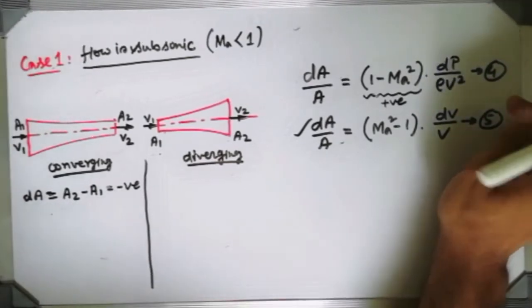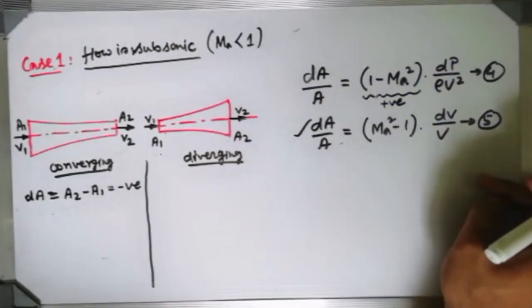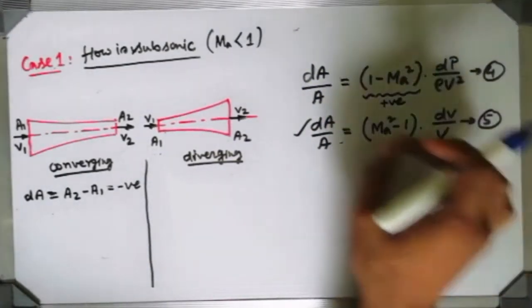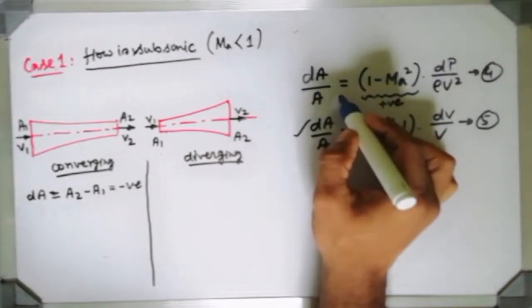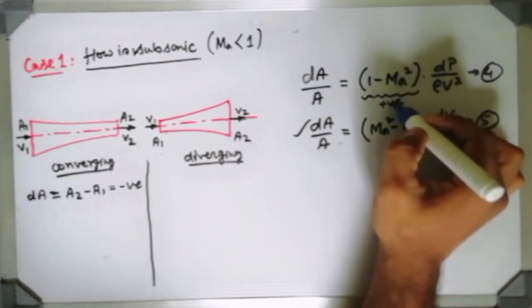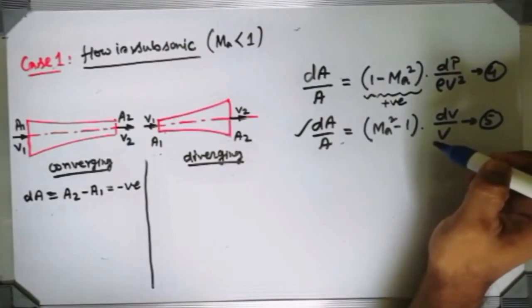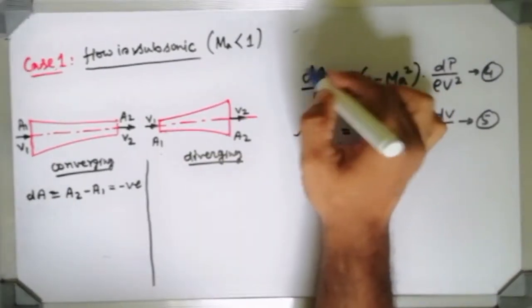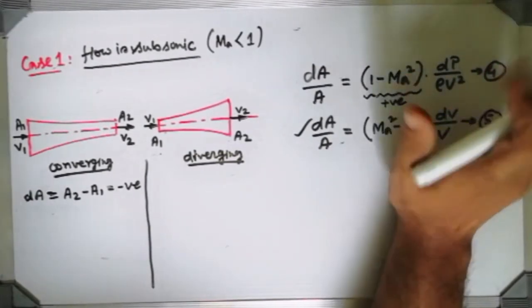Otherwise both sides will not be equal, because the left hand side and right hand side always should be equal. And if this 1 minus Ma square is giving you a positive value because Mach number is less than 1, then obviously the sign of this thing and the sign of this thing will be the same.